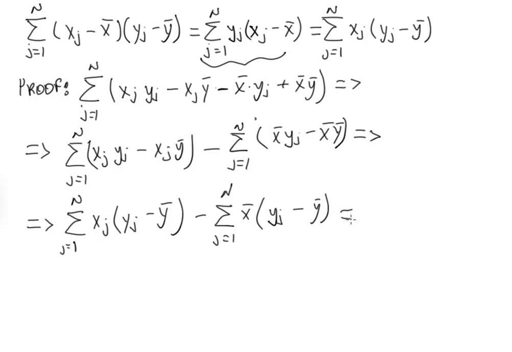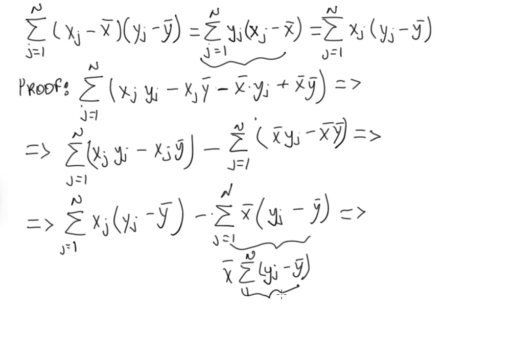And then from before, we know that this x bar, from the second rule of constants, comes out of the summation operator. So I could put it here, but for now we can leave it. And then what we'll have is basically this whole thing will be x bar, sum from 1 to n, of yj minus y bar.